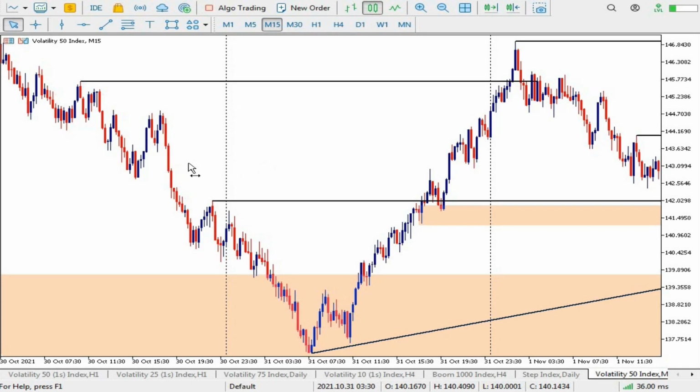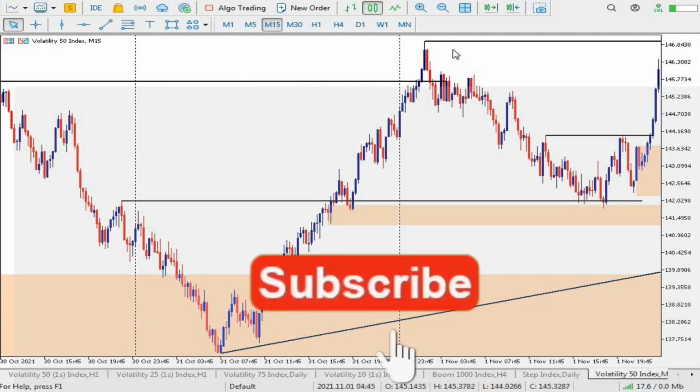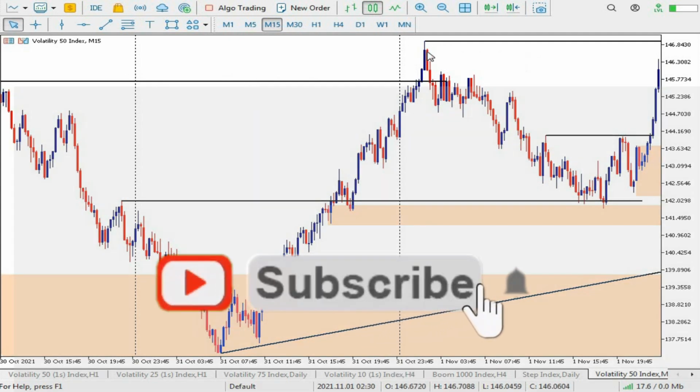As you can see here, this was the order block in the daily time frame. The price went up, breaking the previous lower high, creating a new high. But it didn't stop, it continued going up, meaning this was the first order block which was responsible for breaking all the structures taken out for the price to create a new high.